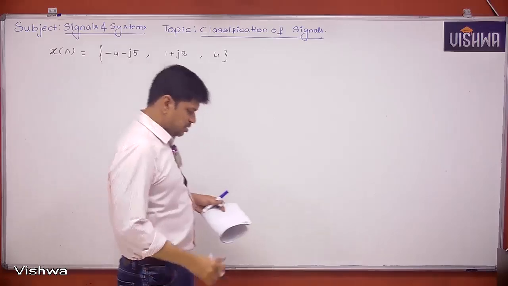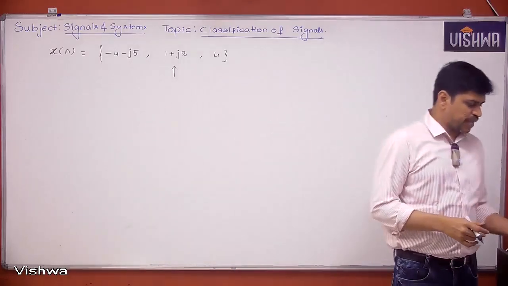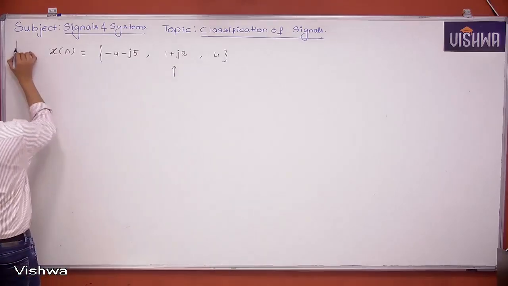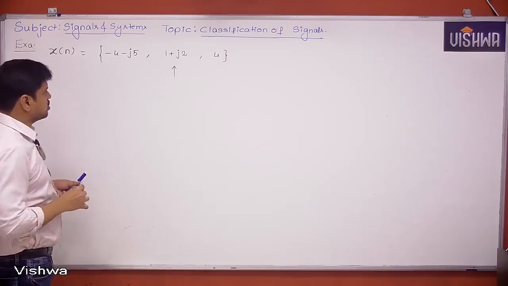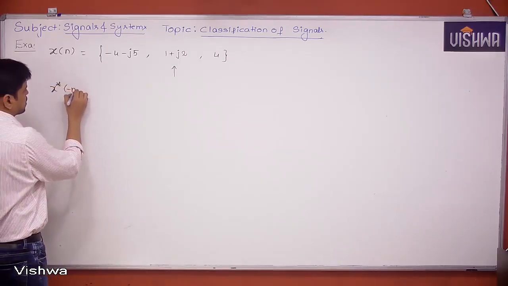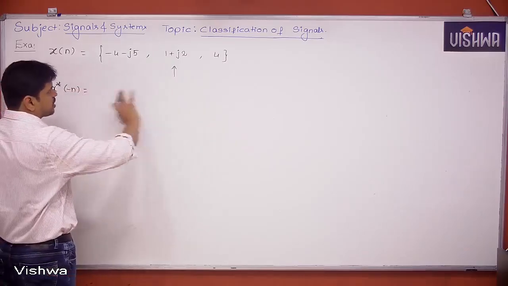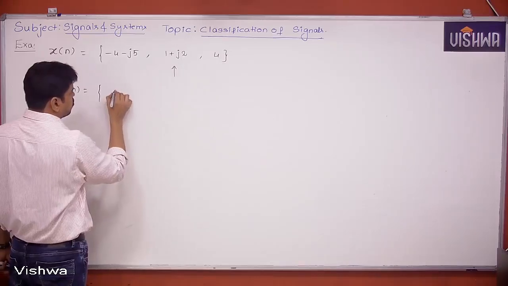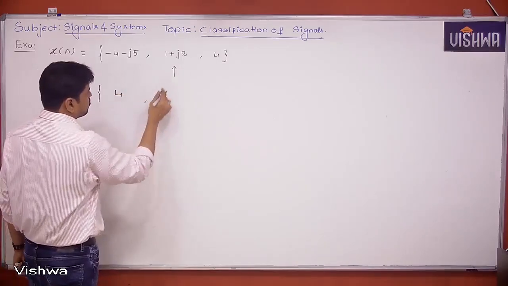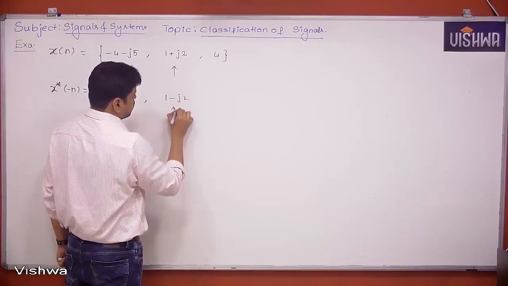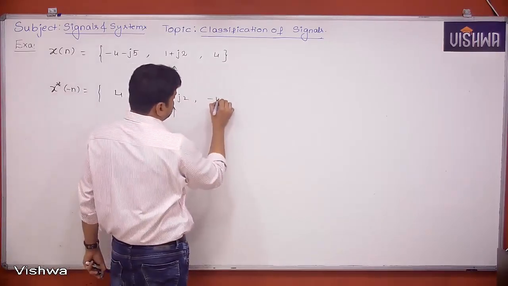So it is unsymmetric, so we have to calculate the symmetric part and antisymmetric part. For that, first what we have to calculate? x conjugate of minus n. Minus n means we have to write in reverse order. Conjugate means we have to take the conjugate of each term. Reverse order: 4, comma, 1 plus j2 conjugate is 1 minus j2, here is the arrow, minus 4 plus j5.